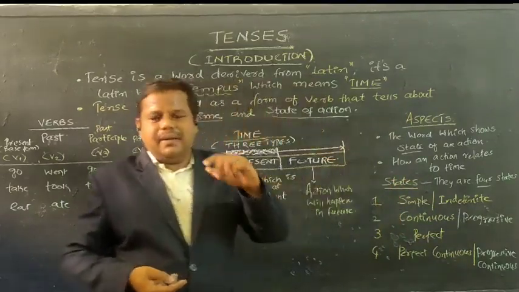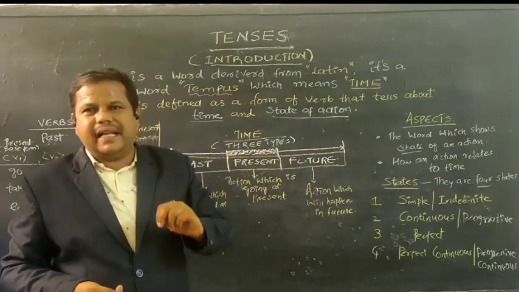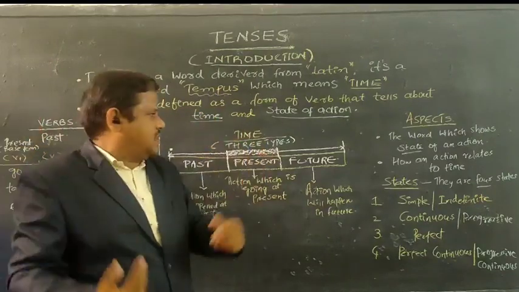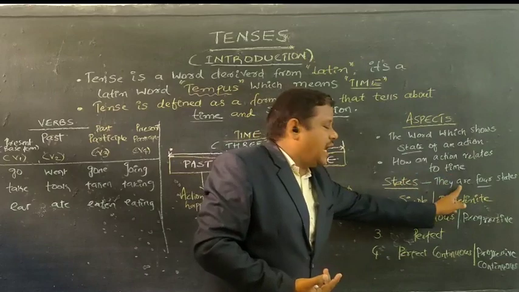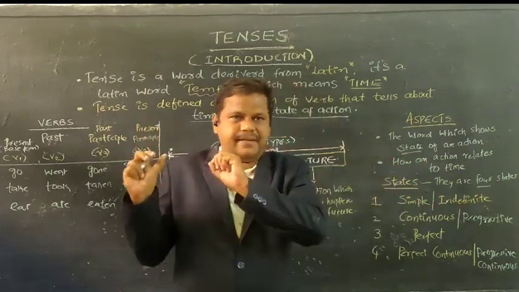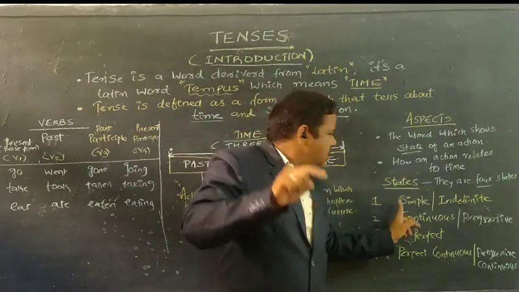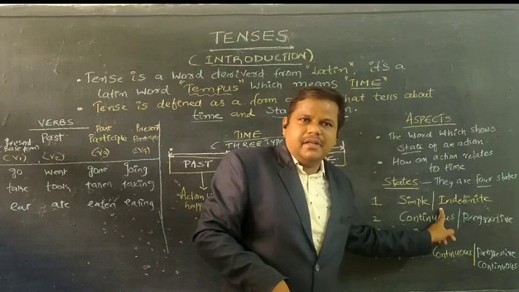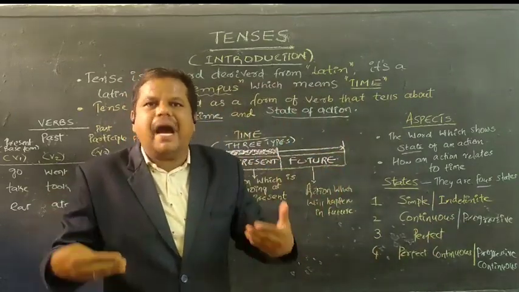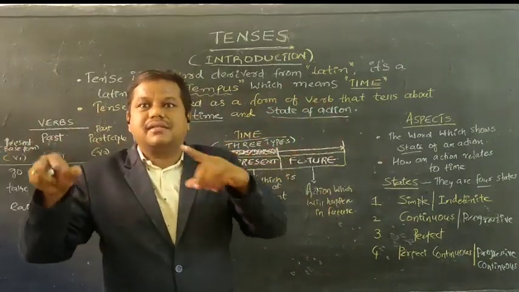Each tense, I mean present, past and future, will have three different types which relate to different aspects. These three types are classified into four states. What are they? The first one is called simple form. It is also called indefinite. Most of the books give simple present, simple past, simple future, but some books also say indefinite.